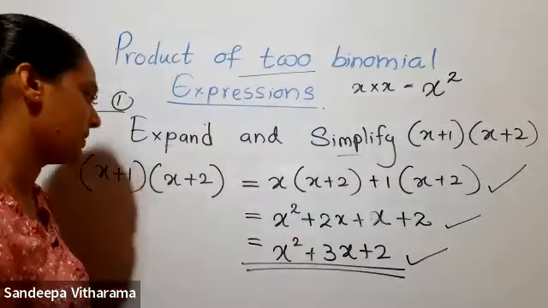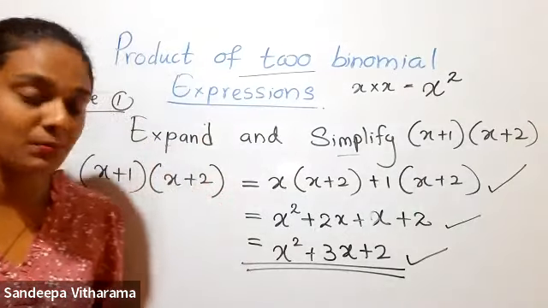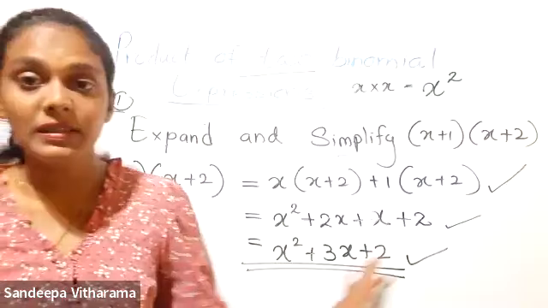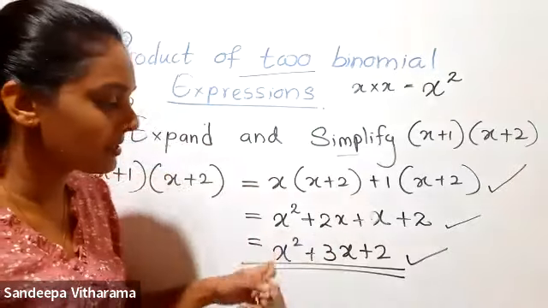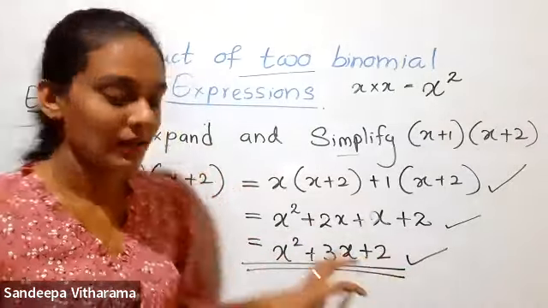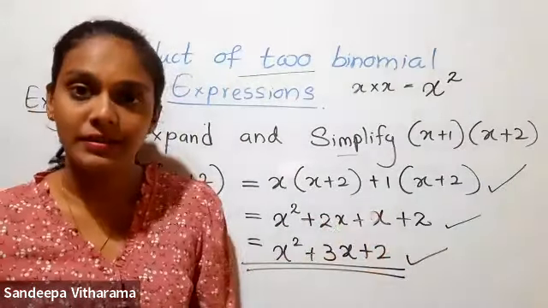Most of the time, when you take the product between two binomial expressions, we obtain a quadratic trinomial expression. What is meant by trinomial? That means it consists of only 3 terms. Here there are 3 terms: x squared, 3x and 2. And what is meant by quadratic?